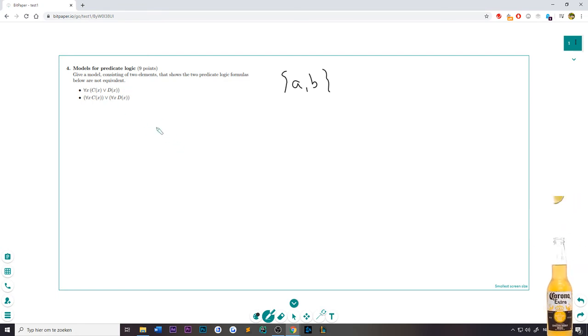And well, it's super easy. If this is our model, C(A) and D(B), then this holds for the first one, but it doesn't hold for the second one, right? Because the second one is saying for all x, they are all C, or for all x, they're all D. But here we have C and D. So it holds for the first one, but not for the second one.